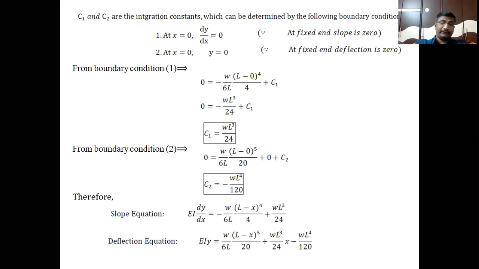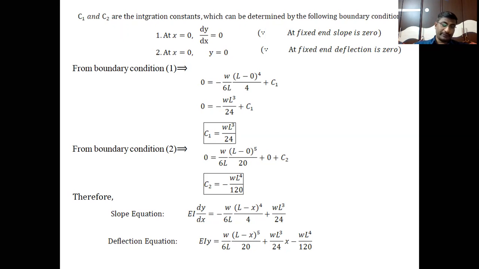These equations are very useful to find the slope and deflection at each point of the beam. In this problem, we are going to find the slope and deflection at the free end. Free end means x is equal to the length of the beam, that is x equal to L. After substituting x equal to L into these equations, we can get the slope and deflection at the free end.